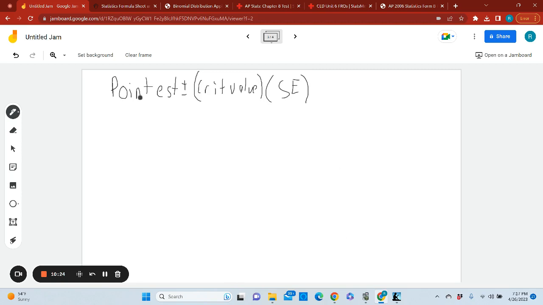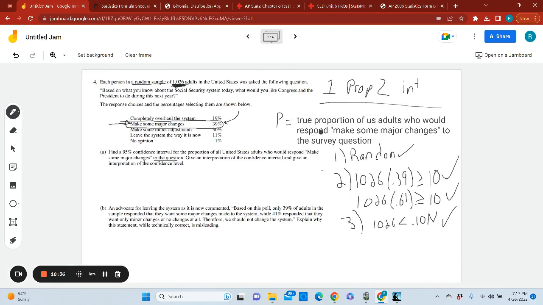In this case, my point estimate is going to be p hat, or my sample proportion, plus or minus the critical value. Well, where are we going to get the critical value? They tell us they want, what do we want? A 95% confidence interval. So I need to know what is the critical value going to be for any normal distribution.